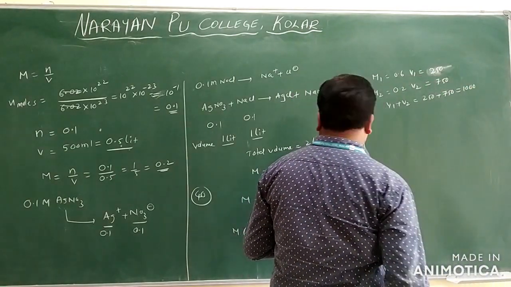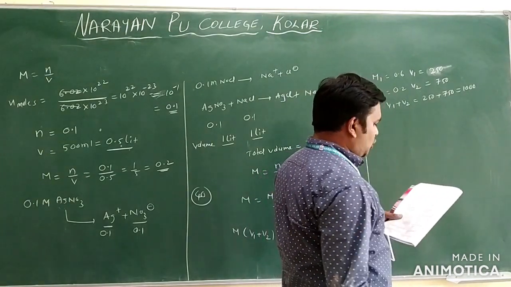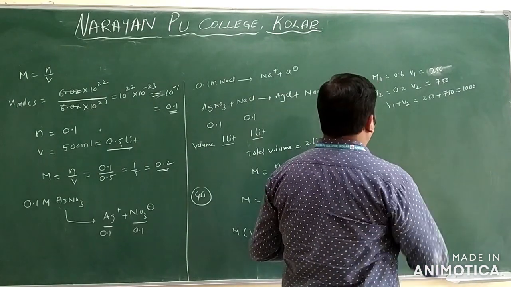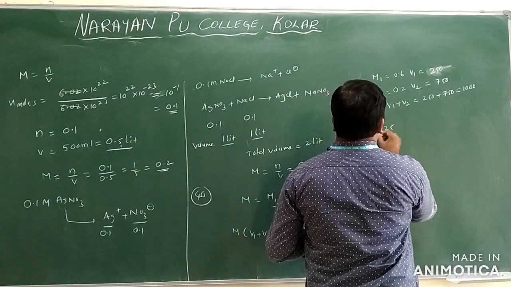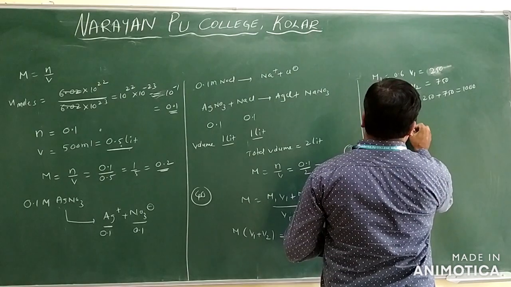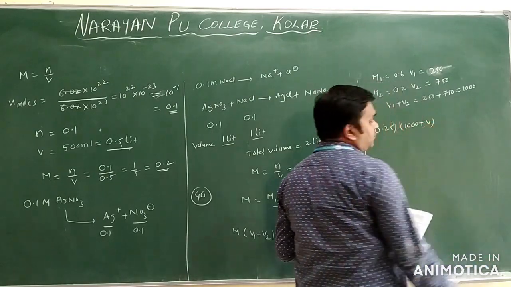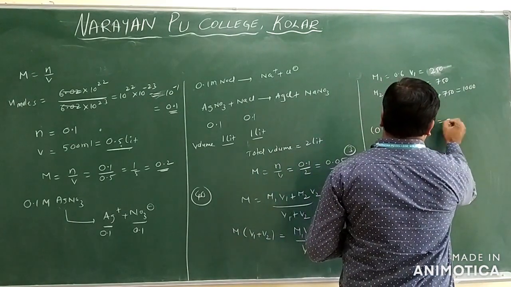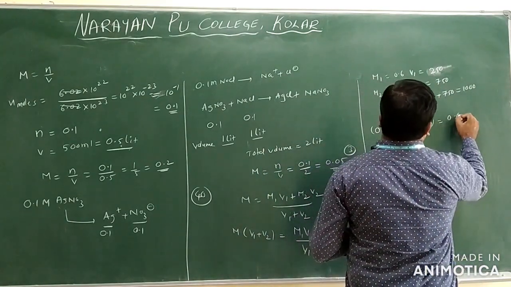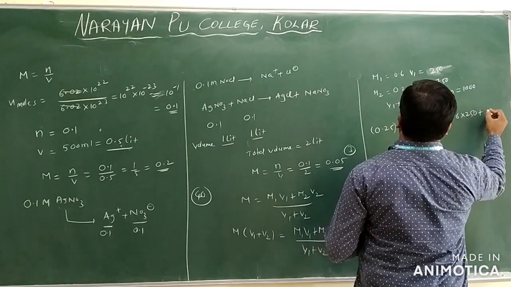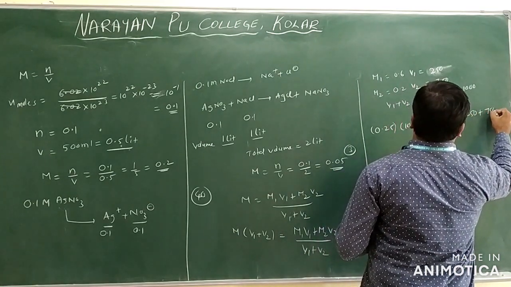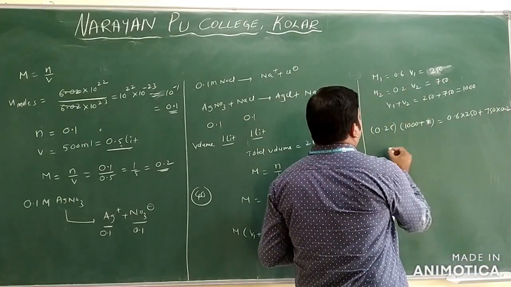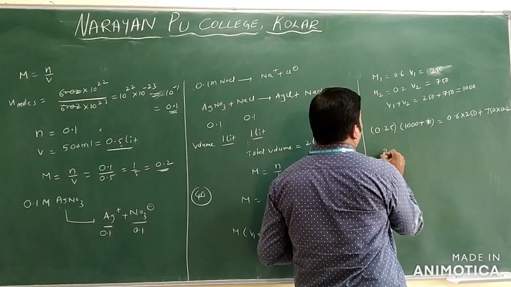Now M, the total M, is already given, that is 0.25. This is 0.25 into 1000 plus we have to find out the new volume, that you can take as X, that is equal to M1, 0.6 into 250, plus 750 into 0.2 we have. Clear?